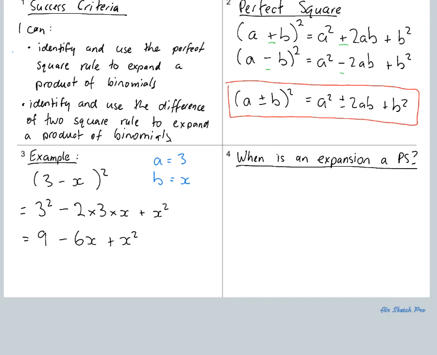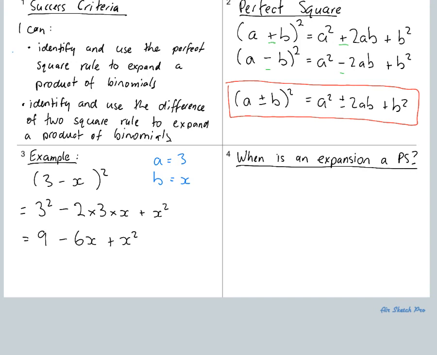We okay? Yeah. You sure? Yeah. We can use the perfect square rule to shortcut our maths because perfect squares and difference of 2 squares are so common. Okay? So instead of having to use the box method or the chicken beak method in order to expand a problem, we are able to use the rule and therefore miss quite a few steps. So that's why we're doing it.